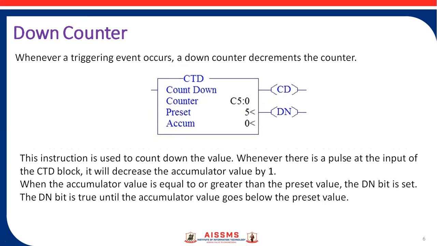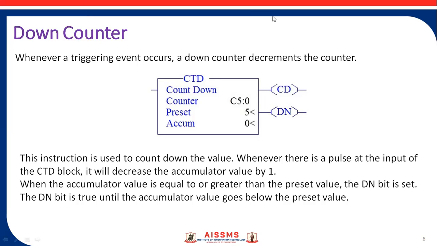Down counter. Whenever a triggering event occurs, the down counter decrements the count. This is the block of down counter. This instruction is used to count the value whenever there is a pulse at the input of down counter block.